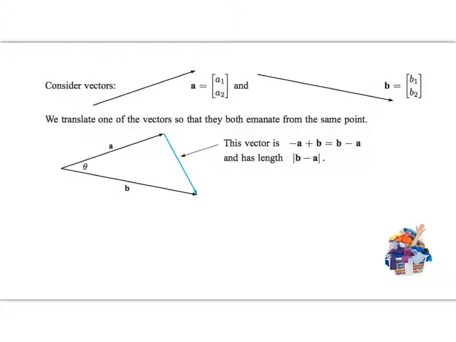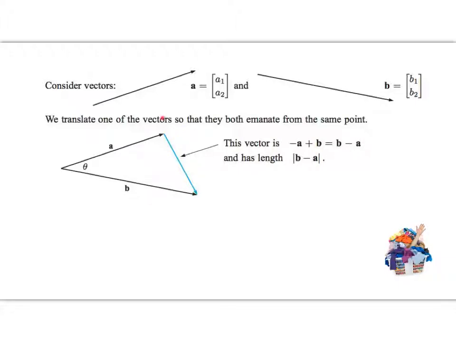let's say that we have 2 vectors. A has components of A1 and A2, right here, and vector B has components of B1 and B2. So if I put both of the vectors so that they both start from the same point, and I wanted to find a name for this vector, it starts here and ends here, so the vectors that make it up must start here and the second one must end here.